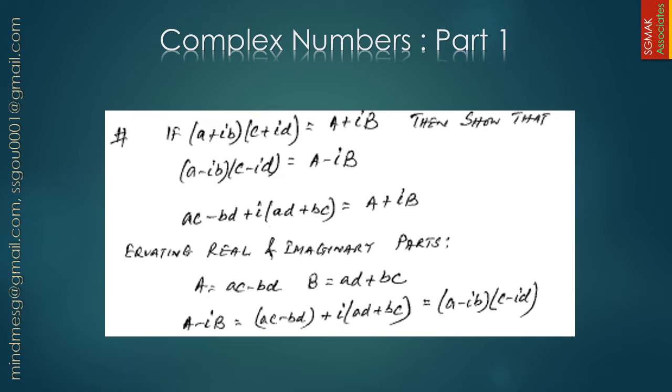So if you equate the real and imaginary parts, capital A is ac minus bd, and capital B is ad plus bc. So now if you do A minus iB, that can be written as (a minus ib) times (c minus id). It's just a simple algebraic manipulation.